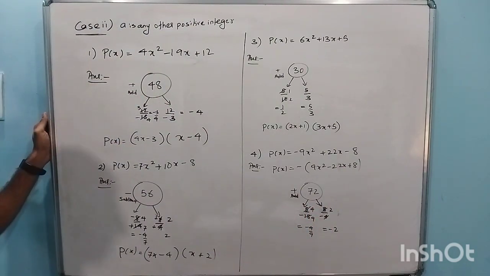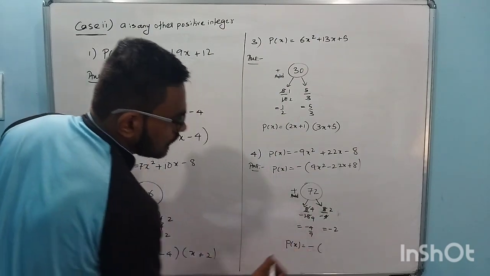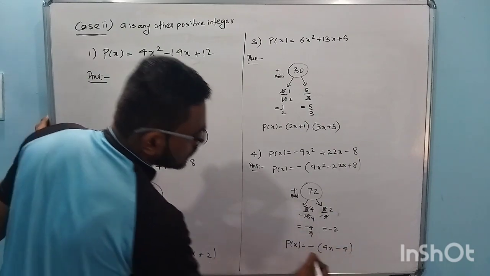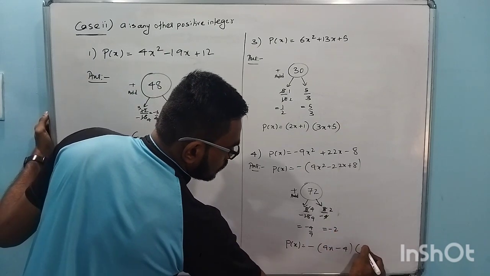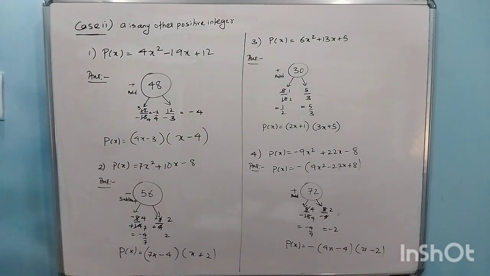After that the polynomial will be, first the minus sign, then 9x minus 4, denominator into x minus numerator, and here also the denominator is nothing, so x minus 2. So this will be the required polynomial.